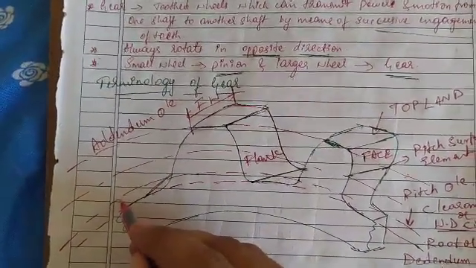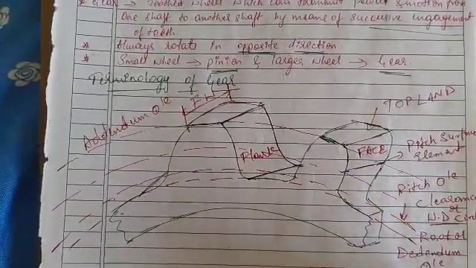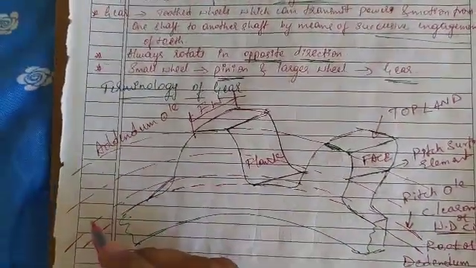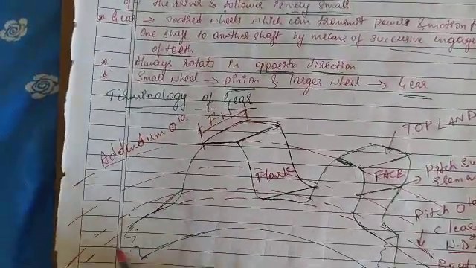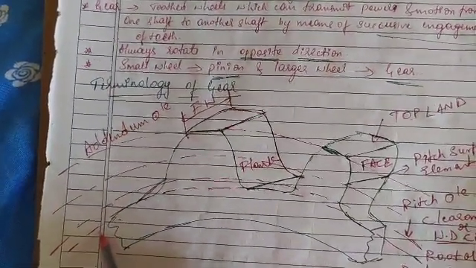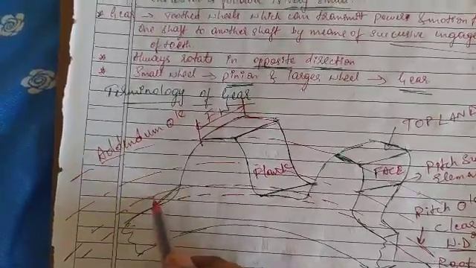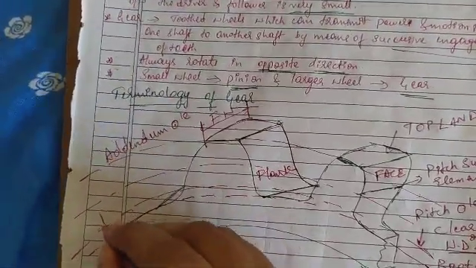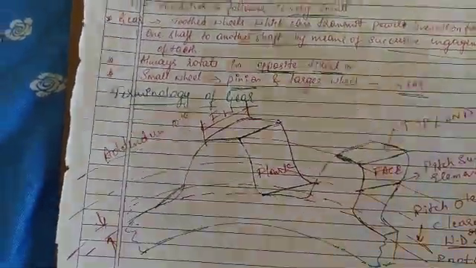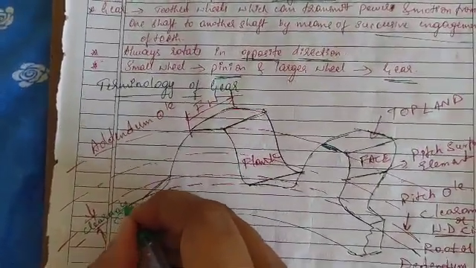Below this one is the dedendum circle, the root or dedendum circle. Above this one is the pitch circle, this is the addendum circle, and below is the root or dedendum circle. Above this one, working depth or clearance. So the distance between these two is the clearance.